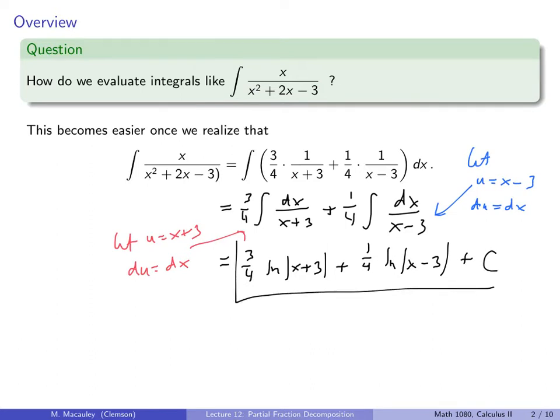So once you know how to break up this fraction, which we call a rational function, into what we call partial fractions, then the integral becomes quite easy.